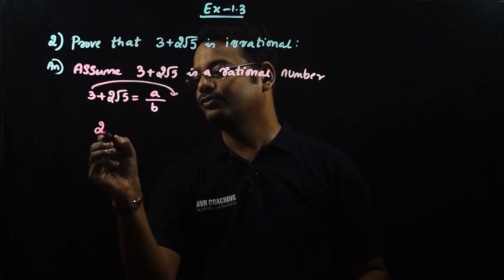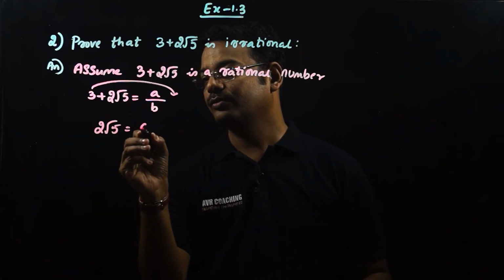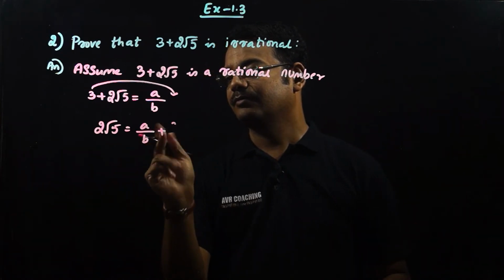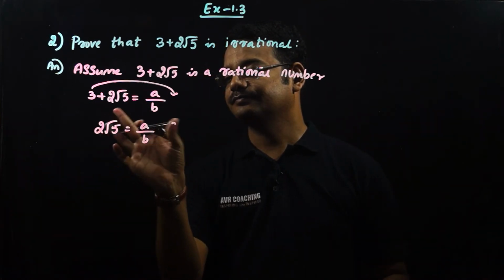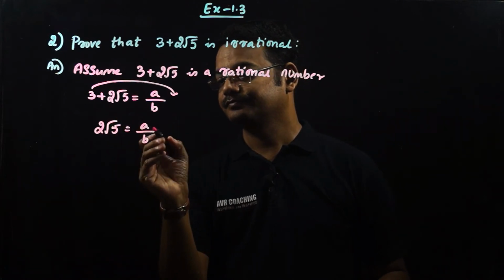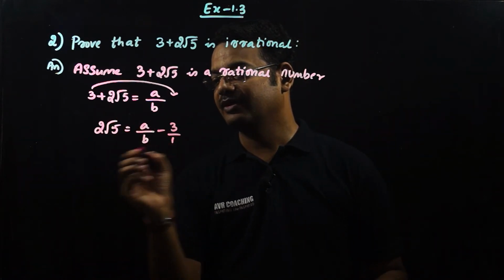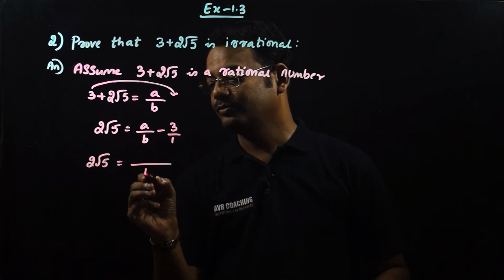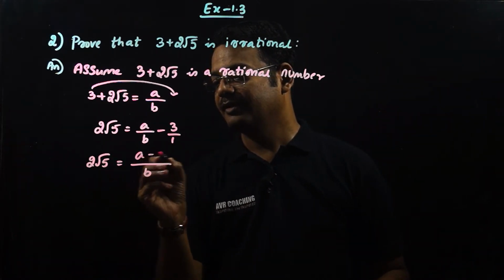That is, 2 root 5 equals a by b minus 3 by 1. If we take the LCM, 2 root 5 equals (ba minus 3b) by b.